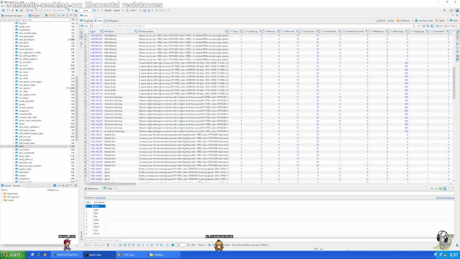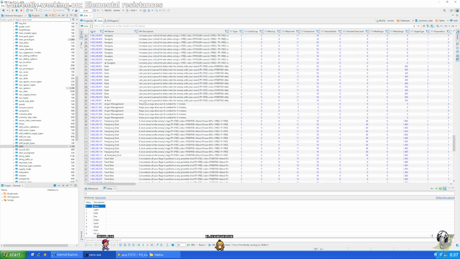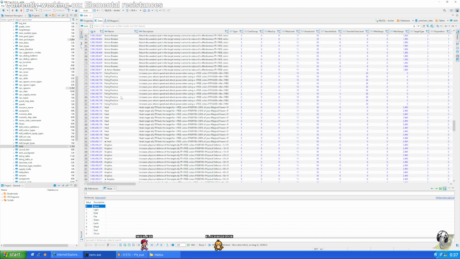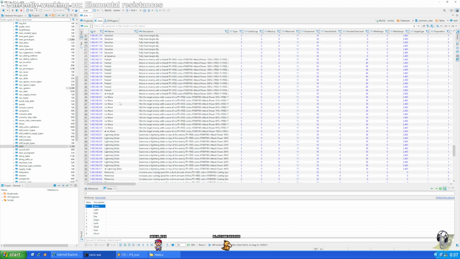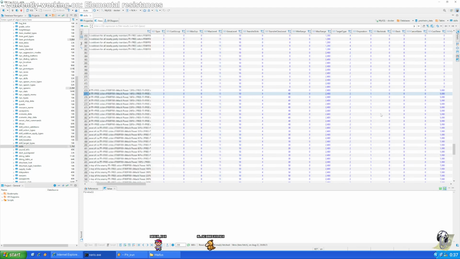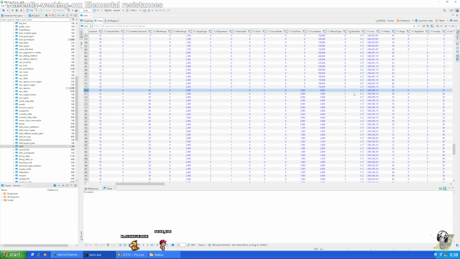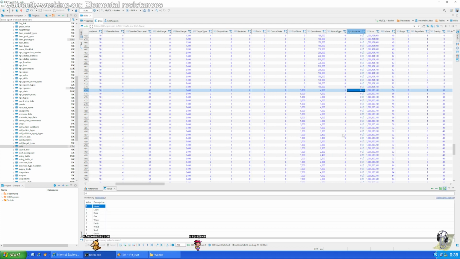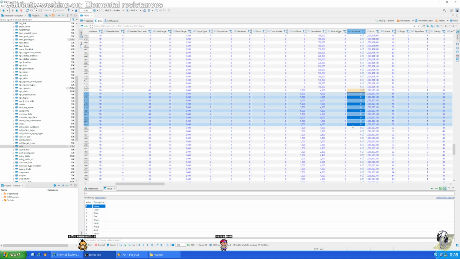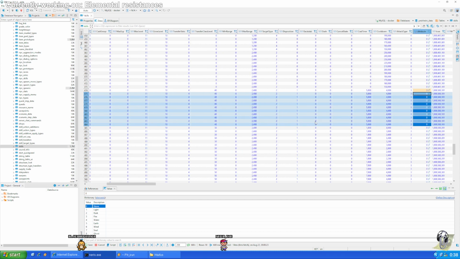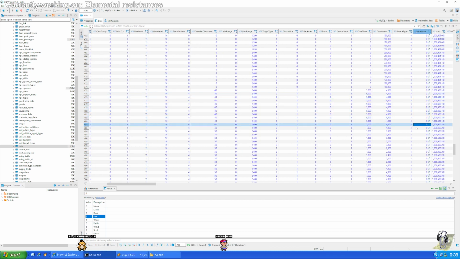So let's start with fireball. And it's gonna be fire attribute for all these levels.